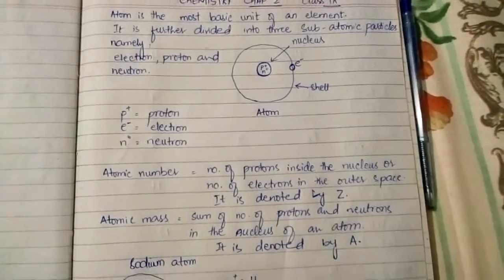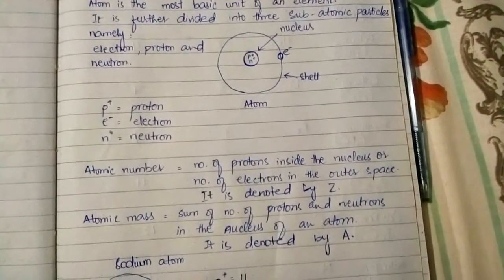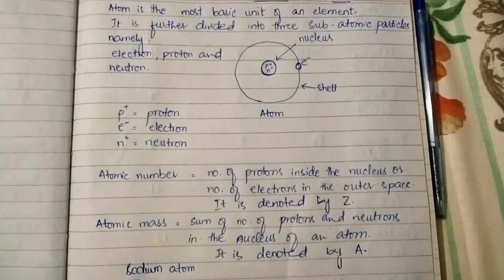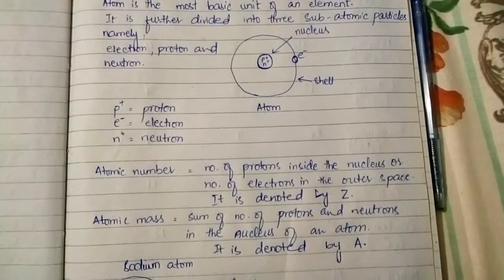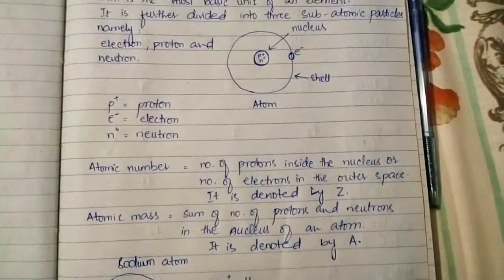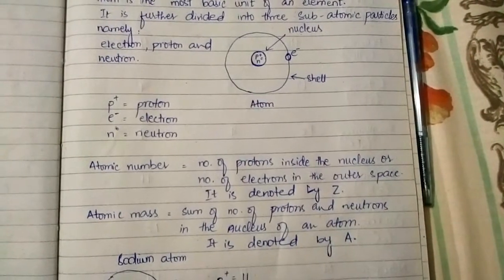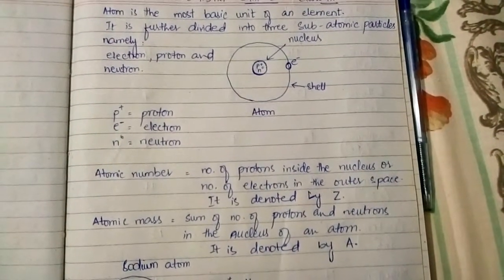So for example, hydrogen में there's one proton and no neutrons. So 1 plus 0 would be 1, and that would be the atomic mass of hydrogen. Similarly, lithium has 3 protons and 4 neutrons.